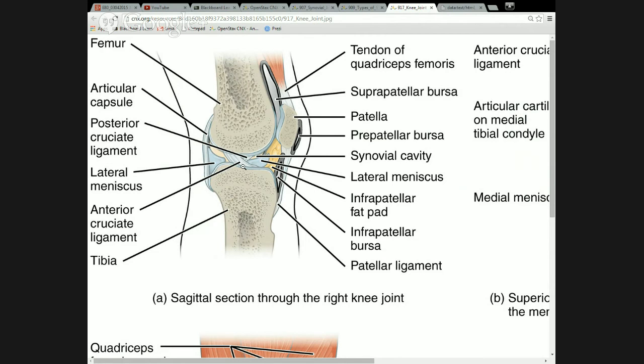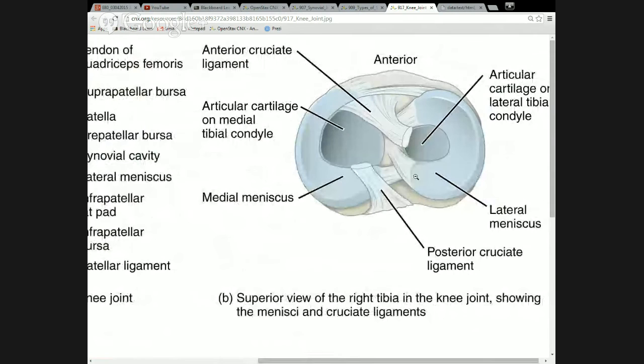Now, this figure isn't a great place to see it, and they've cut the ligaments apart a little bit here, but this picture does show you pretty well. The anterior cruciate ligament connects the medial tibia to the lateral femur. And the posterior cruciate ligament attaches the lateral tibia to the medial femur.